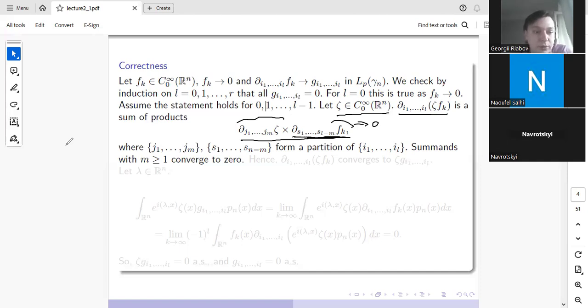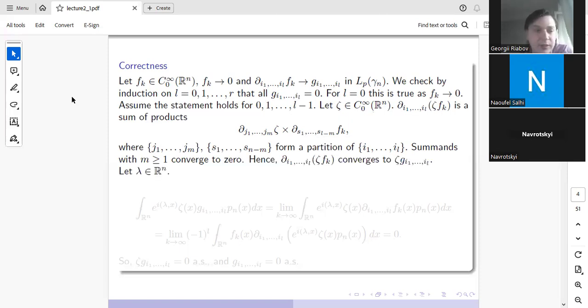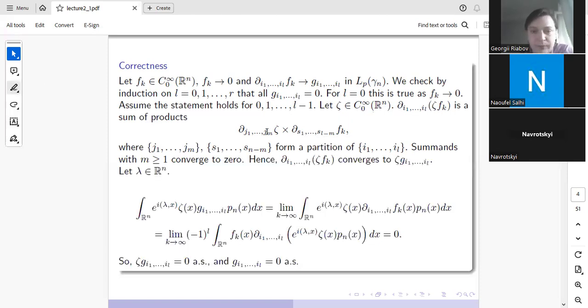Now it follows that the derivative i1...iL of the product zeta fk converges to zeta times g_{i1...iL}. And now all integrations by parts are valid because zeta has compact support.